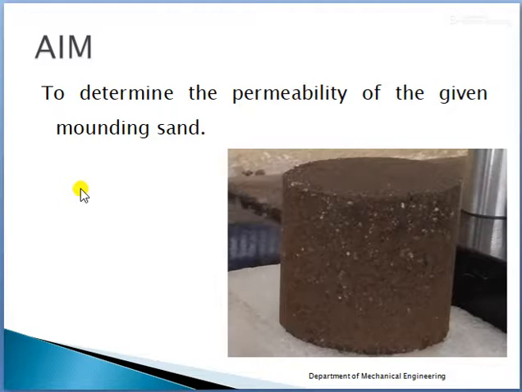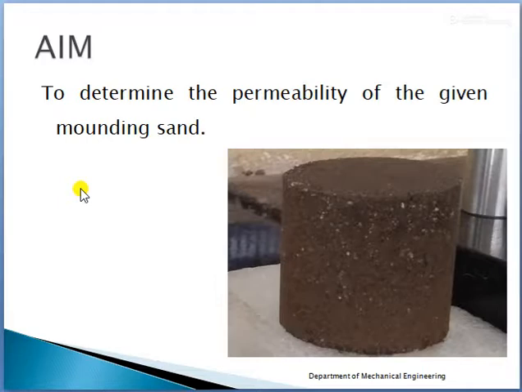Permeability depends on the shape and size of the sand grains, moisture content and clay content of the sand. It is also affected by the degree of ramming of the mold sand.